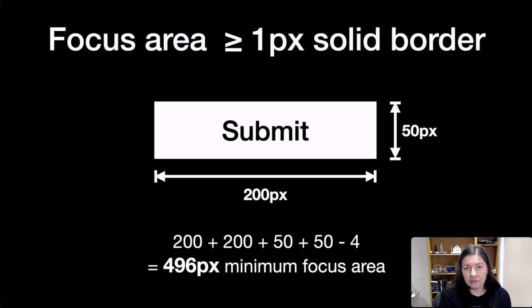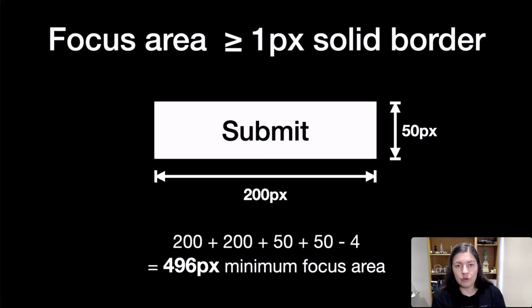How you arrange those pixels is entirely up to you. You can do a box. We've already talked about the box, but you can move on from that. You can do dashes, provided that the number of pixels in those dashes adds up to more than 496 pixels in total.